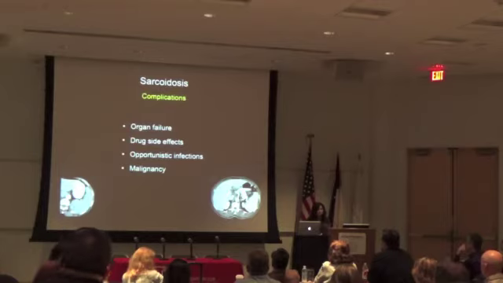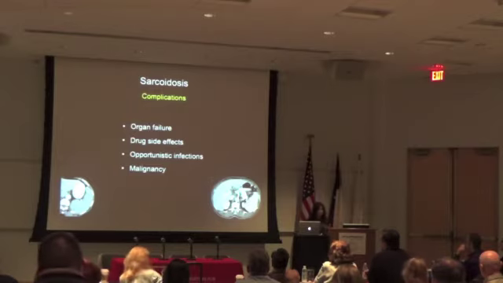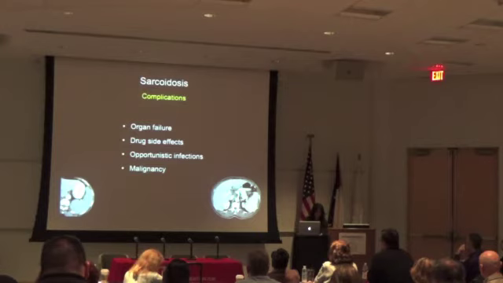But when patients are immunosuppressed, they're more likely to get these kinds of infections. And then there's a risk of a secondary malignancy, either malignancy that's associated with the sarcoidosis reaction or as a result of the immunosuppressing drugs.